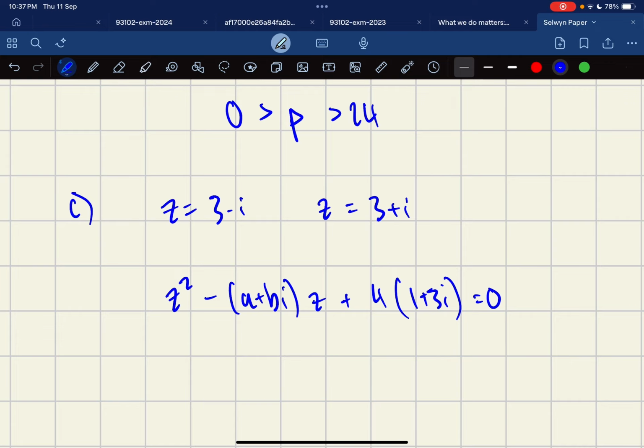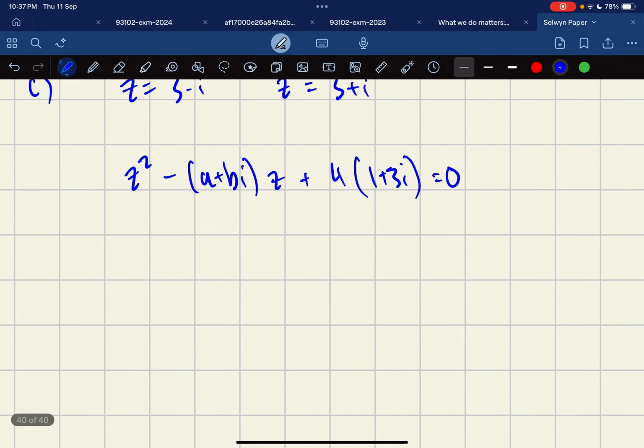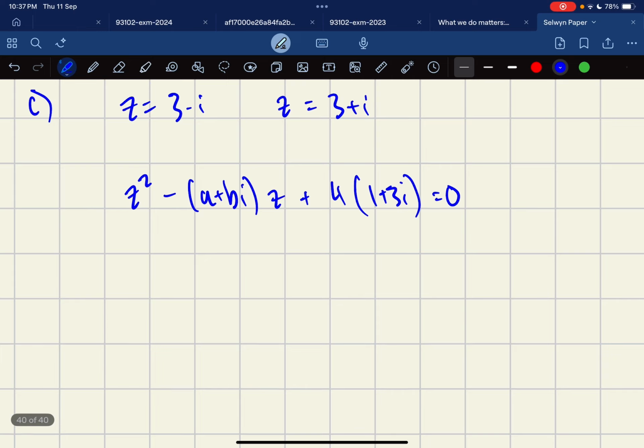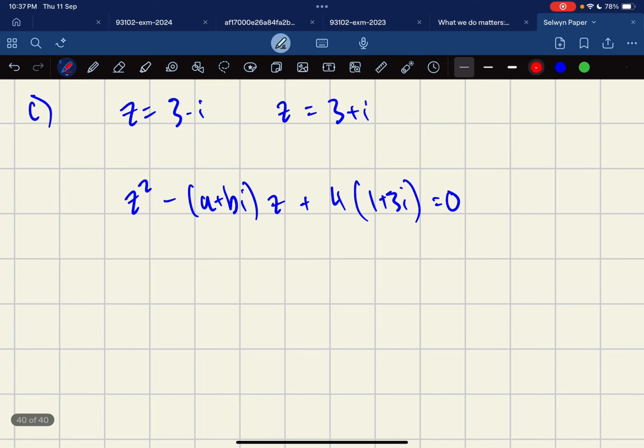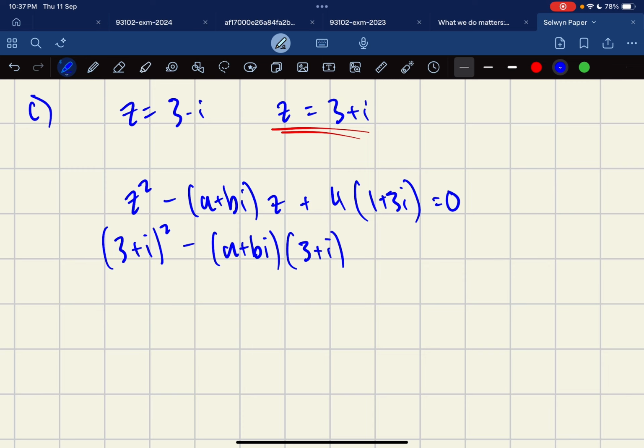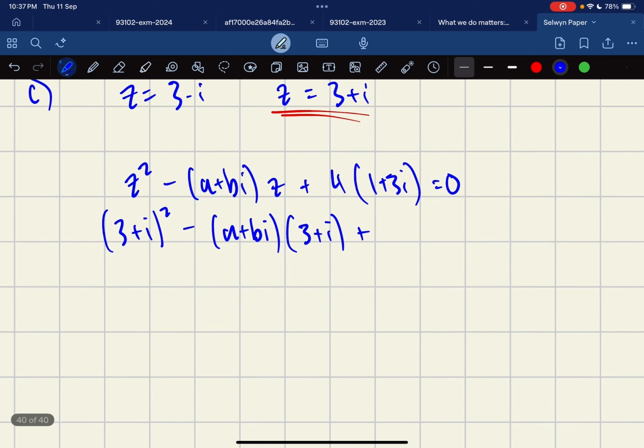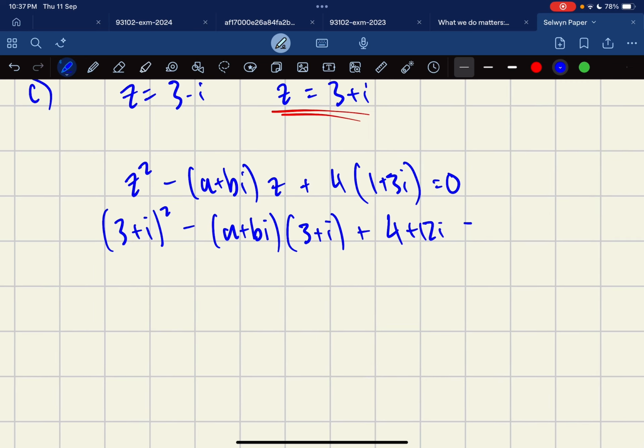Well, we've already found the other root of the equation. We just need to solve for a and b here. So here we just need to substitute in z into this equation. So let's use this one, z equals 3 plus i. So you have here z squared, which is (3 plus i) squared, minus (a plus bi) times (3 plus i) plus, well, we can expand this out into 4 plus 12i immediately.